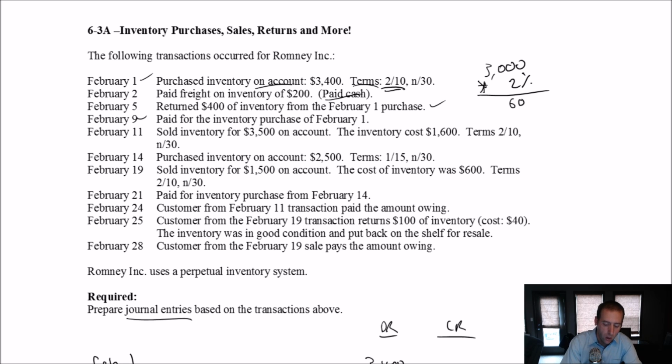Again, I owed $3,400, but I returned $400 in inventory. So really, I'm only owing $3,000, and I'm going to take a 2% discount on that $3,000. So I'm going to take $60 off my purchase. So again, $3,000 is what I owed minus $60 means $2,940 is the amount of cash that's going to have to leave my hands.